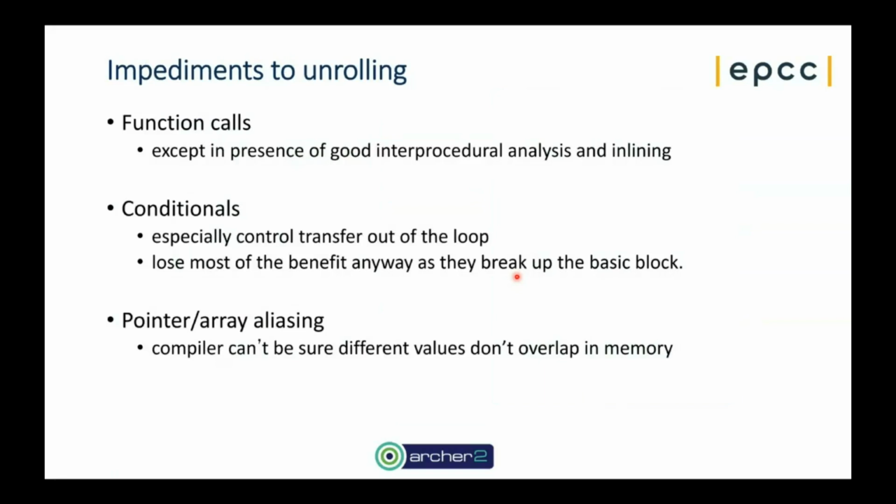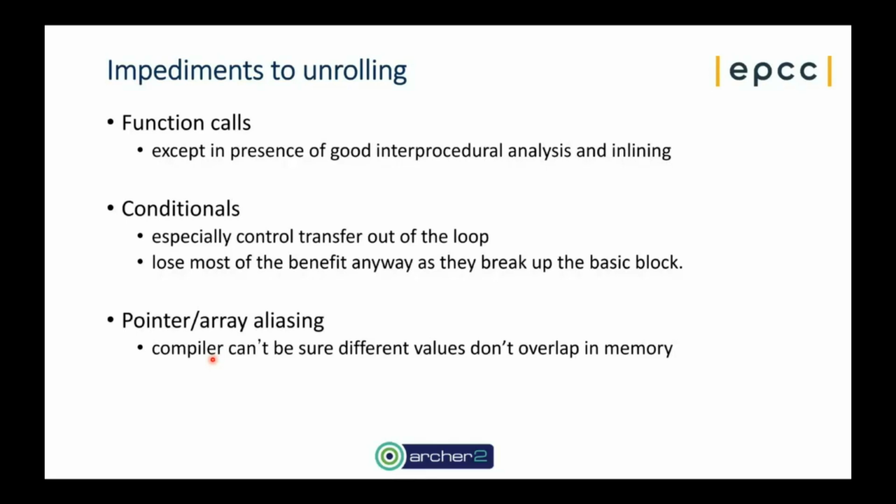So in terms of unrolling and variable expansion and those kind of things, function calls, conditionals, and pointer array aliasing are all things that will stop the compiler doing a good job. Now, we've talked about function calls and conditionals. Complex code inside will mean the compiler will struggle to do anything there. Pointer and array aliasing we've not really looked at, but it's more particularly for C and C++ codes where you're using pointers, where you're using sort of raw memory structures.